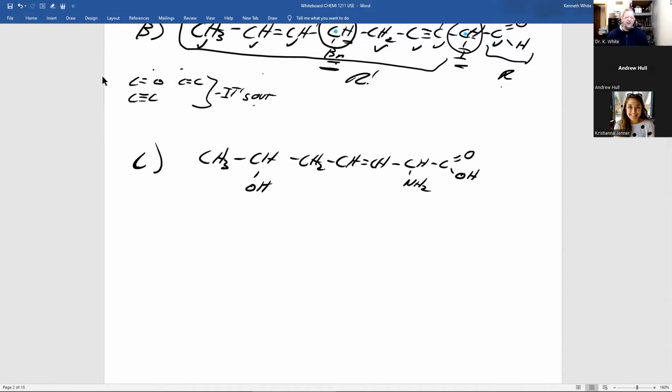And here's a molecule for you to have fun. In fact, I'm going to give you, well, let's do this one first. Why don't you circle all the chiral carbons in that molecule? 3 points each.